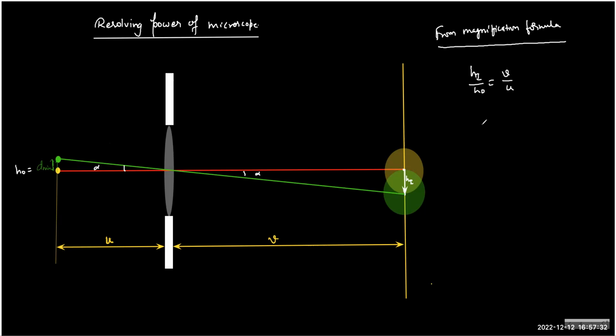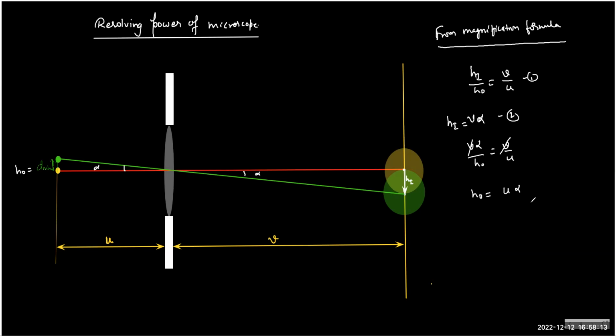And the height of image we can write as V alpha, right? So V alpha by H object, because that's known to us, is V by U. So the height of object turns out to be how much? U alpha. Am I right? Yes, sir.